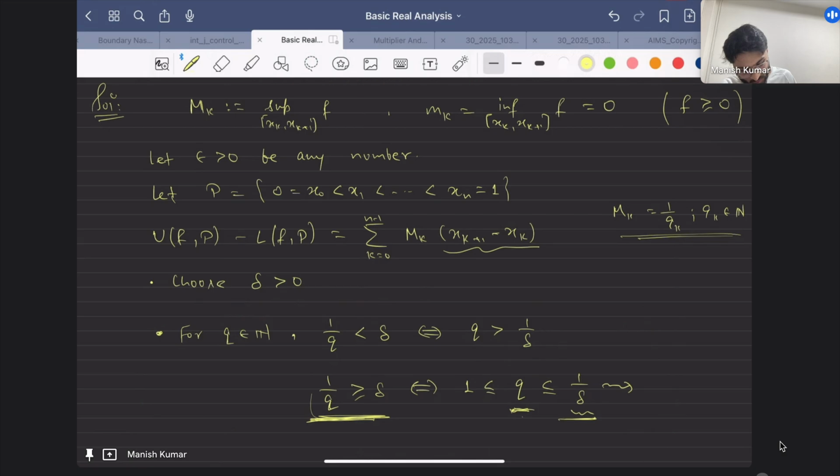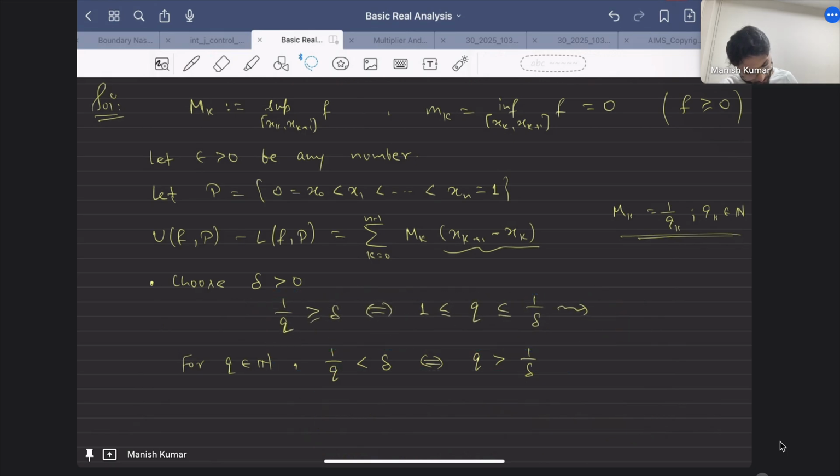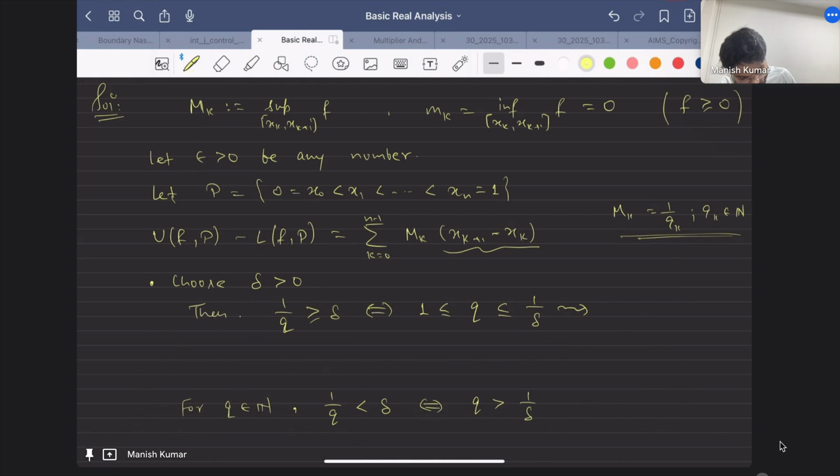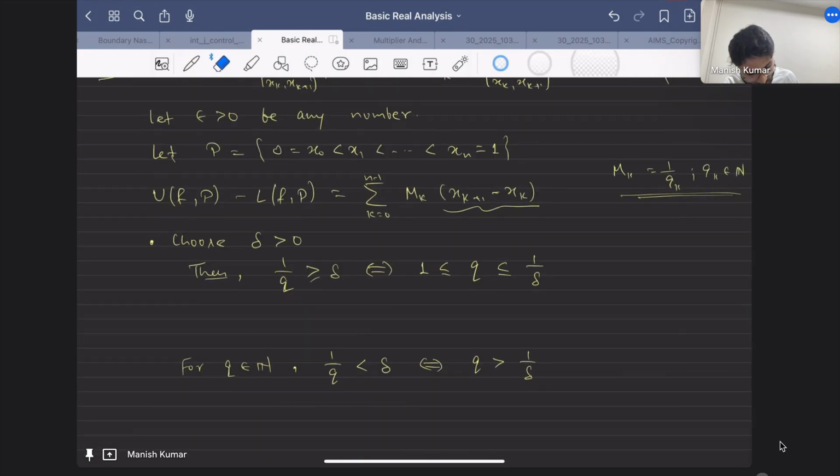Then I have this relation, and 1 by q, if and only if, this implies that q has finitely many choices.